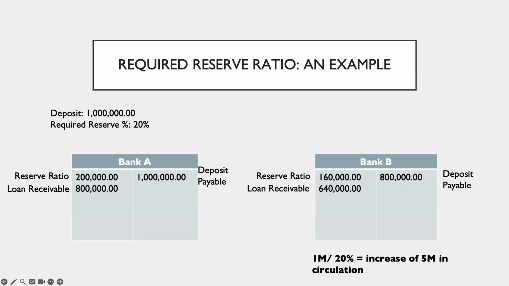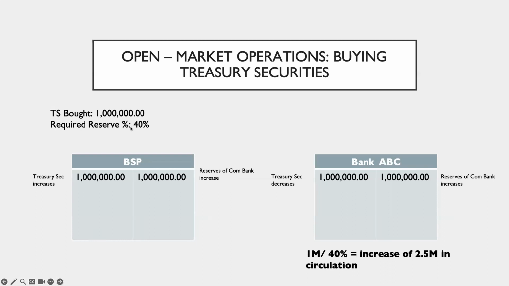But when it came to open market operations, the required reserve ratio has now gone up to 40%. And as you can see, increasing the required reserve ratio to 40% resulted in cutting the money in circulation in half. I hope this is clear. This is the result of changing the RRR and its impact on economic activity.